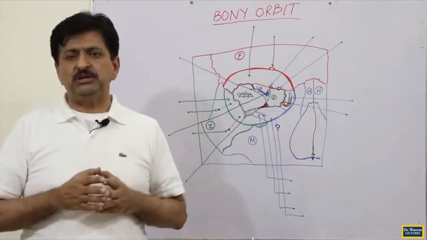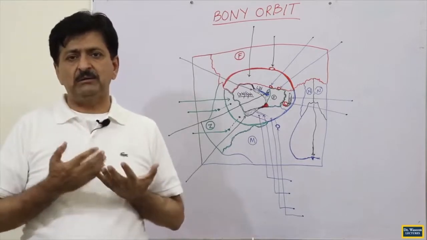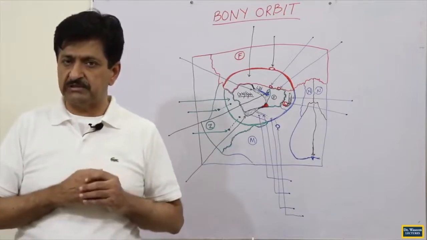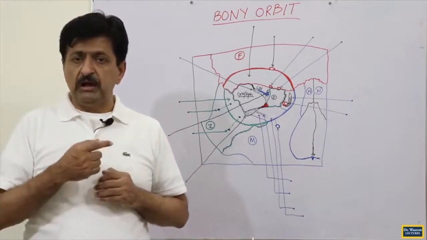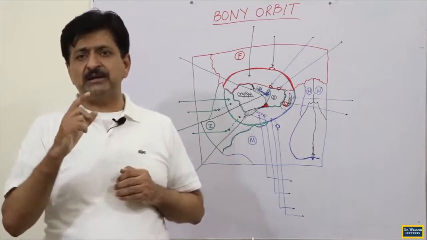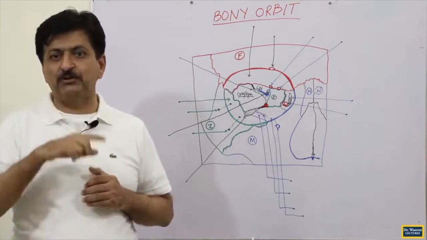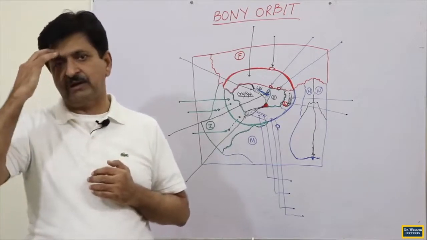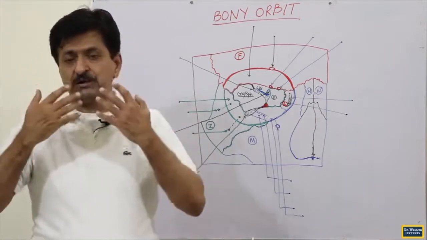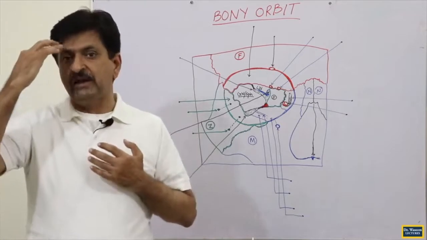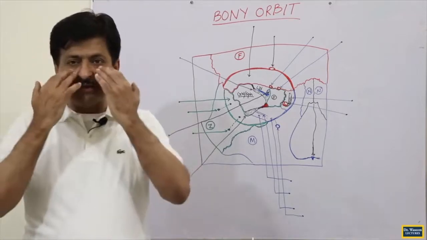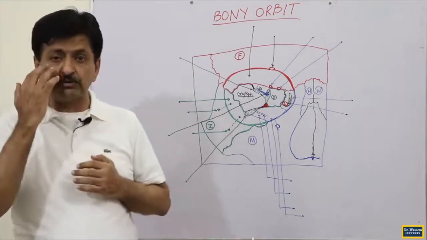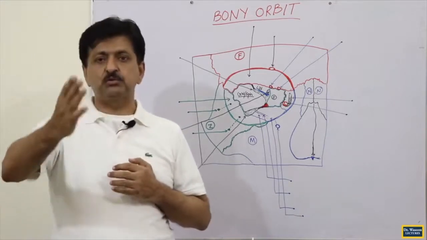All these things will have to enter or leave the orbit through certain fissures and foramina and many other things also. Not only the structures which are directed towards the eyeball and entering the orbit, but many structures which will come onto the front of your head, the face, in the forehead region, or in the lower region to the lip even, if they want to reach these areas, will pass through the orbit also.